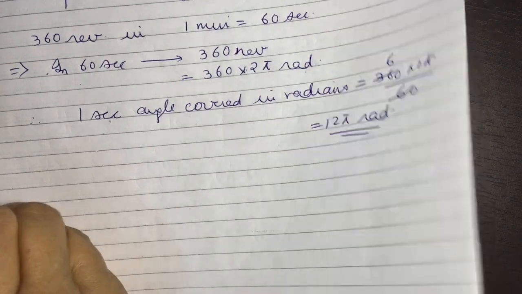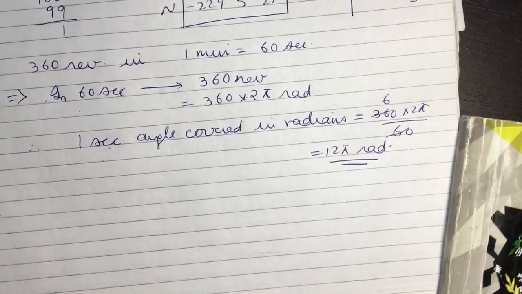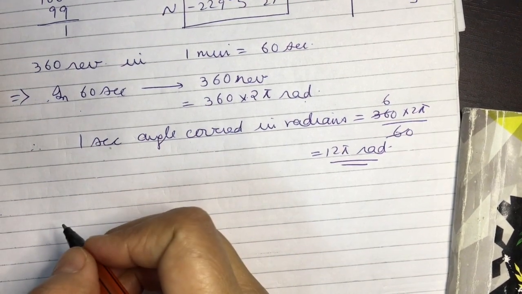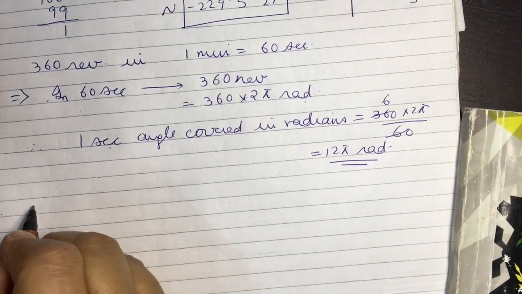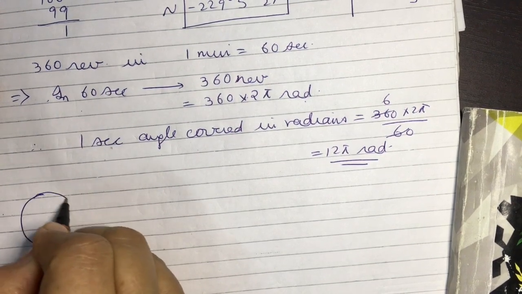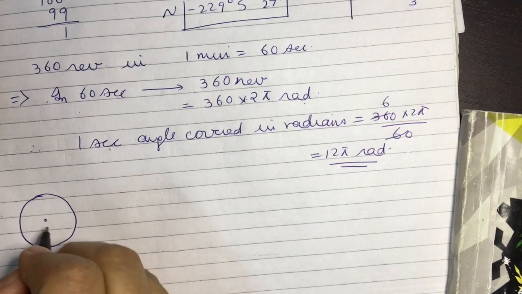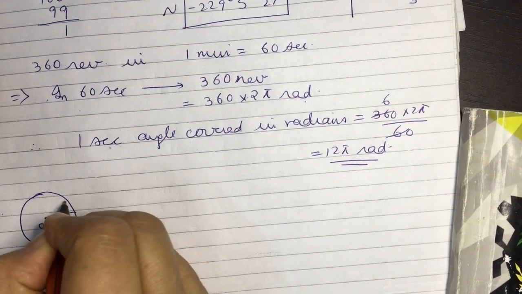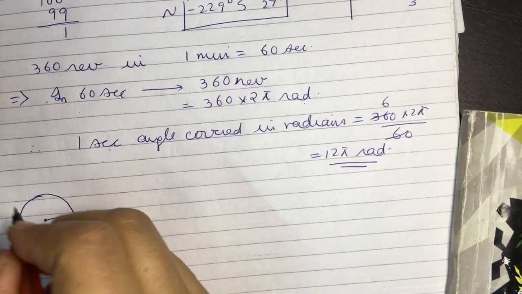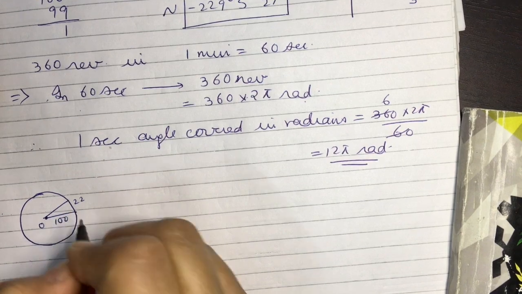Now likewise you can take the 4th question, which says, find the degree measure of the angle subtended at the center of a circle of radius 100 centimeter by an arc of length 22 centimeter.